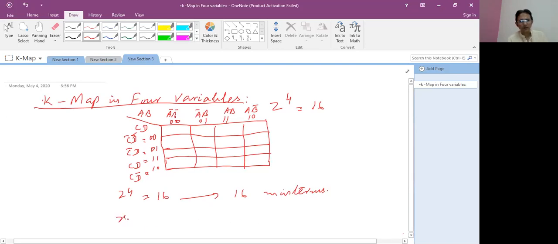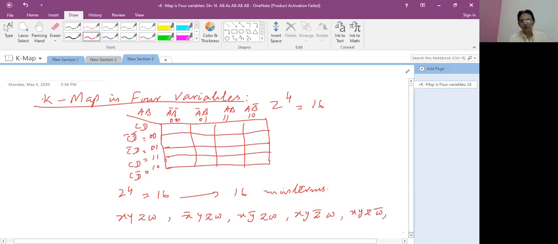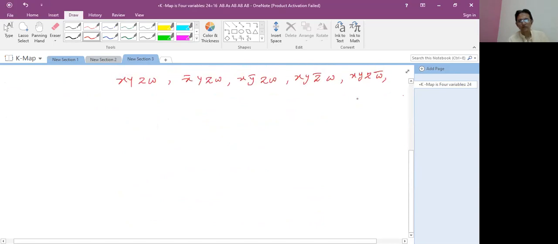Sixteen min terms. So it means x, y, z, w, x complement y, z, w, x and y complement z, w, x, y, z complement w, and the next one is x complement y complement z, w, x complement y, z complement w, x, y, z complement w, x complement y, z, w complement, x, y, z complement w complement.